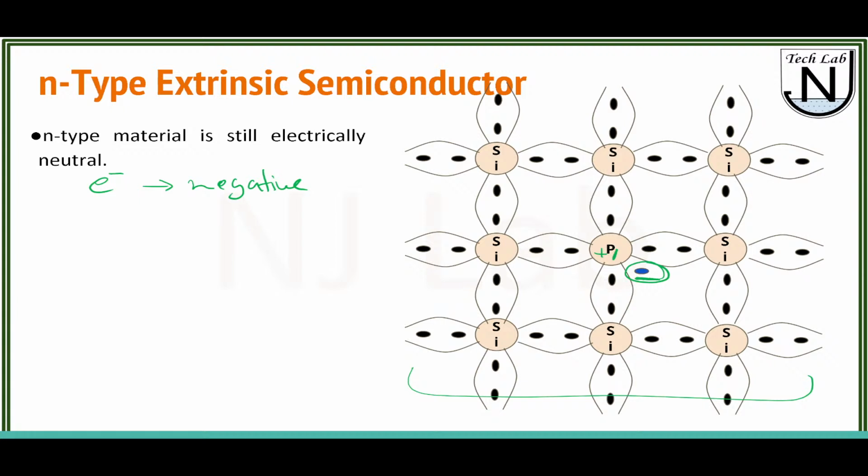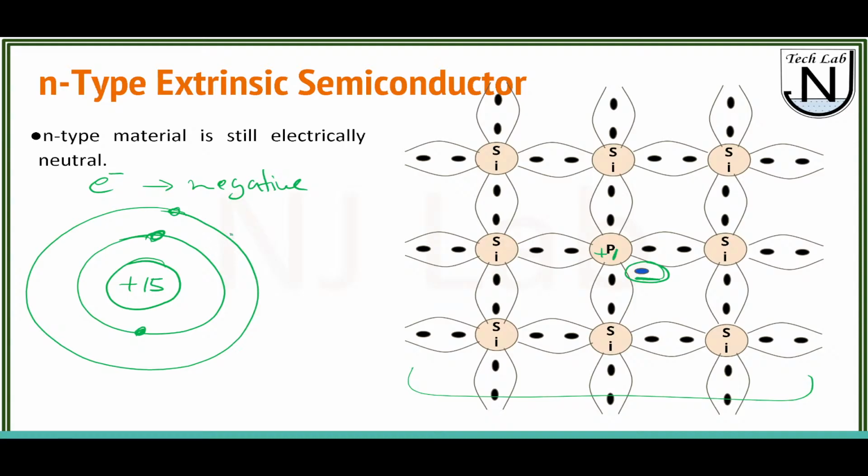So suppose we have some intrinsic material, and there are plus 15 positive charges as protons in the nucleus, so 2 electrons will be in the first shell, 8 electrons will be in the second shell, right? And now in the third shell we have 5, right?